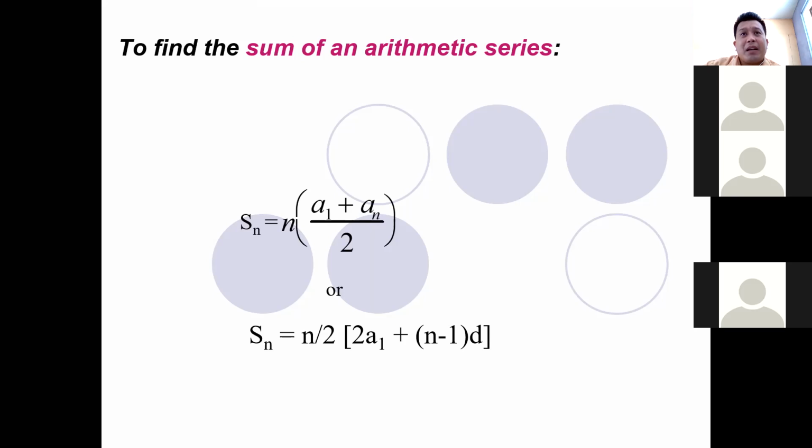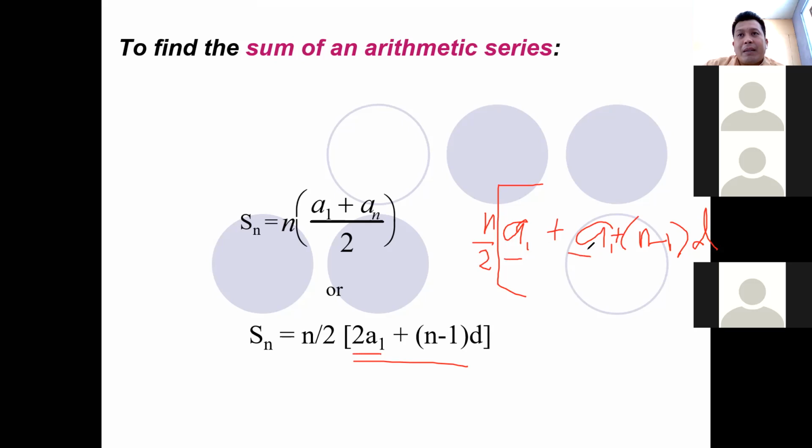So it works since if you simplify the formula n over 2 quantity, this one is just a sub 1 plus a sub 1 plus quantity n minus 1 times d, since twice a sub 1 is a sub 1 plus a sub 1.